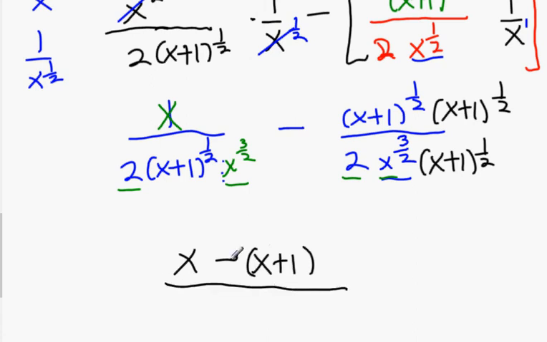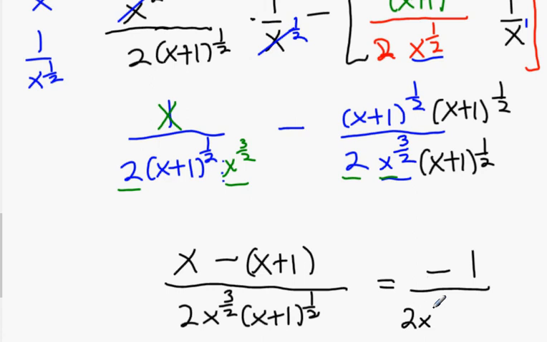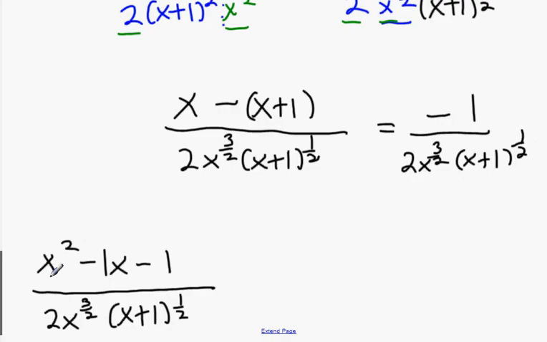Okay, and that's going to be 2x to the power of 3 over 2, x to the power of a half. And what's x minus x? Minus 1, 2x to the power of 3 over 2, x plus 1 to the power of a half. Both methods are right, but I obviously made a mistake here with this one. I got the same denominator, but I made a mistake with the numerator somewhere along the way, so I'm going to try and find that tomorrow, okay?